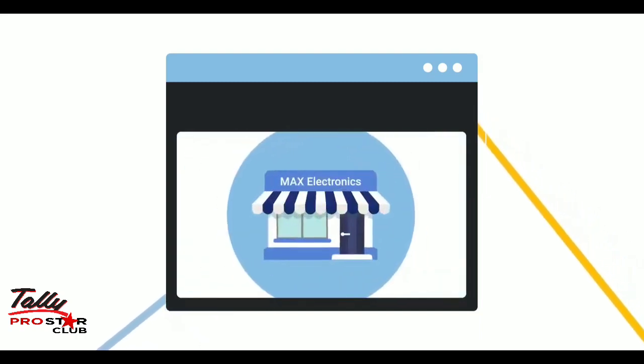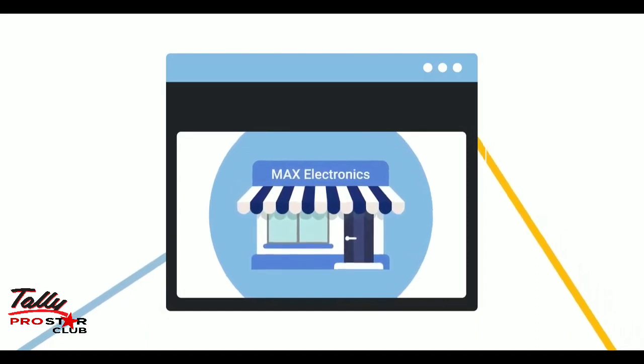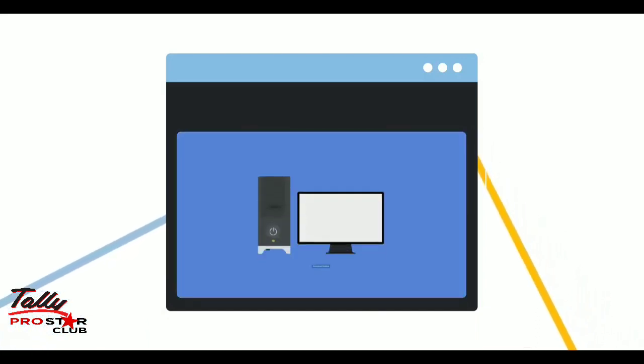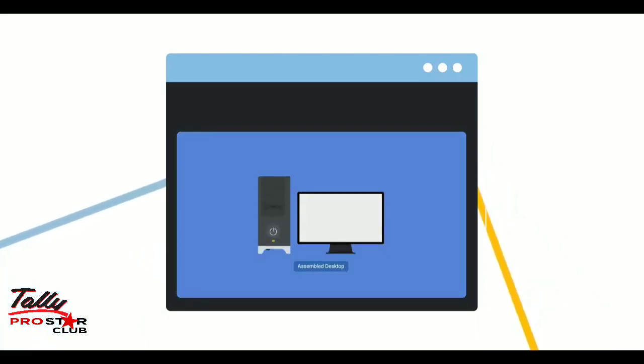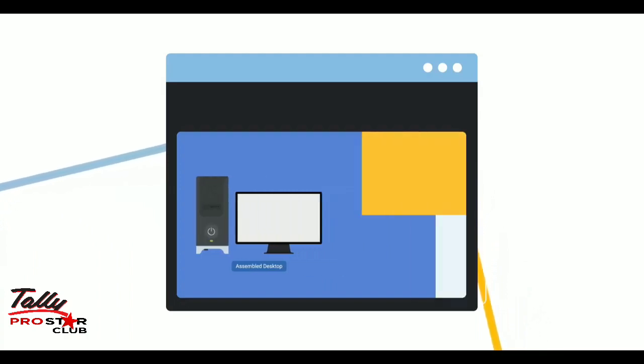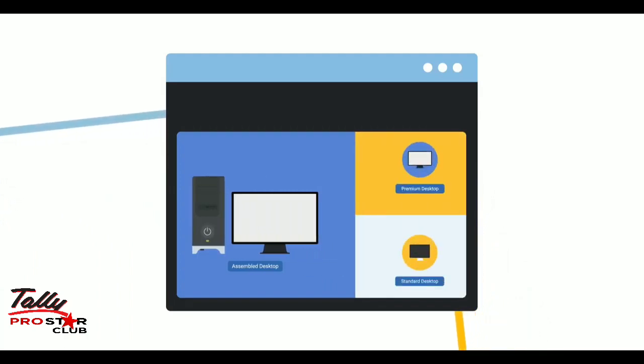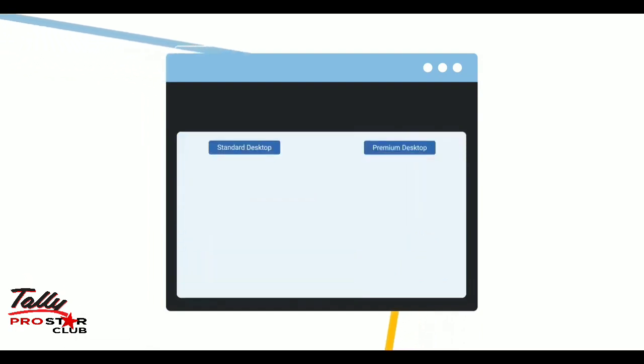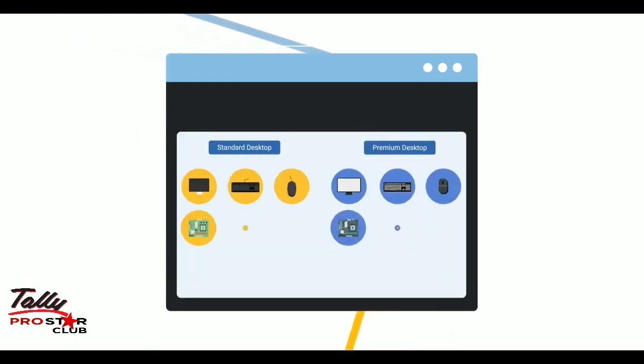To make it a little easier, let's consider an example. Max Electronics assembles computer desktop named as Assembled Desktop. They have two variants of Assembled Desktop, one being Standard Desktop and the other one known as Premium Desktop. Here is a list of components to assemble the two variants of a desktop.